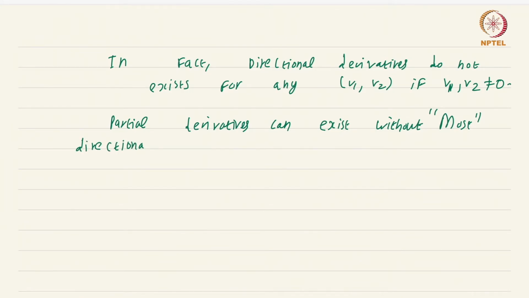But from what we have seen, if the function f is differentiable, then all directional derivatives exist, right? So the mere existence of partial derivatives does not guarantee that the gradient is going to give you the derivative by taking a dot product.